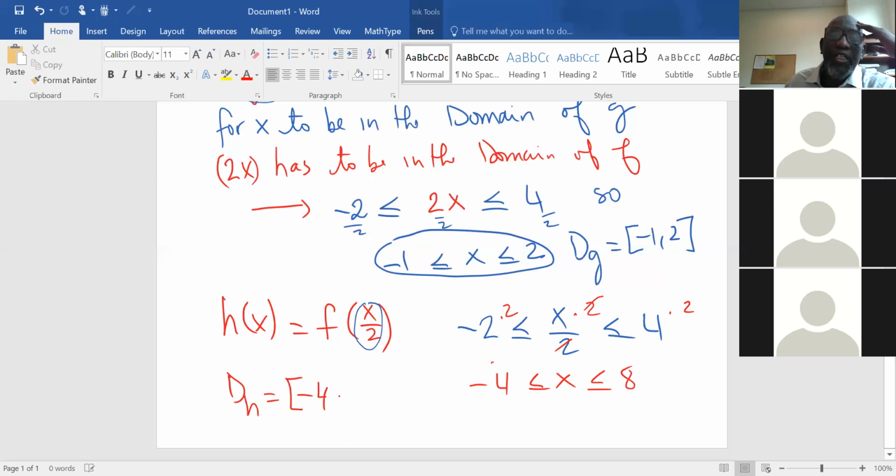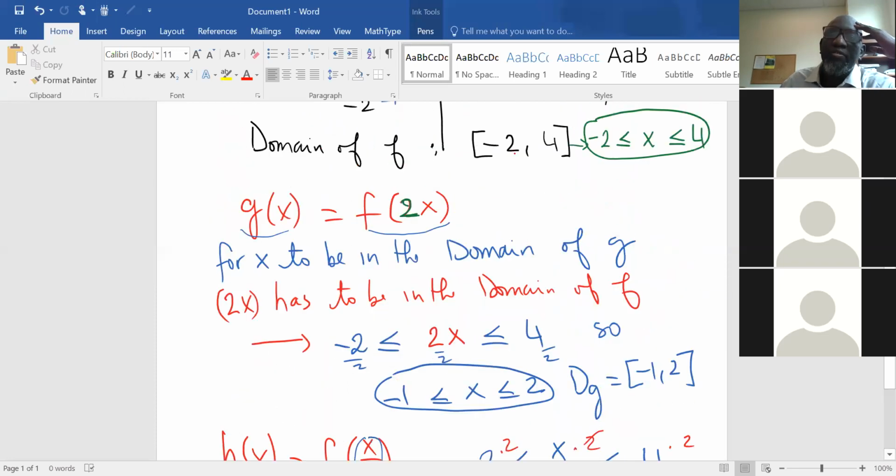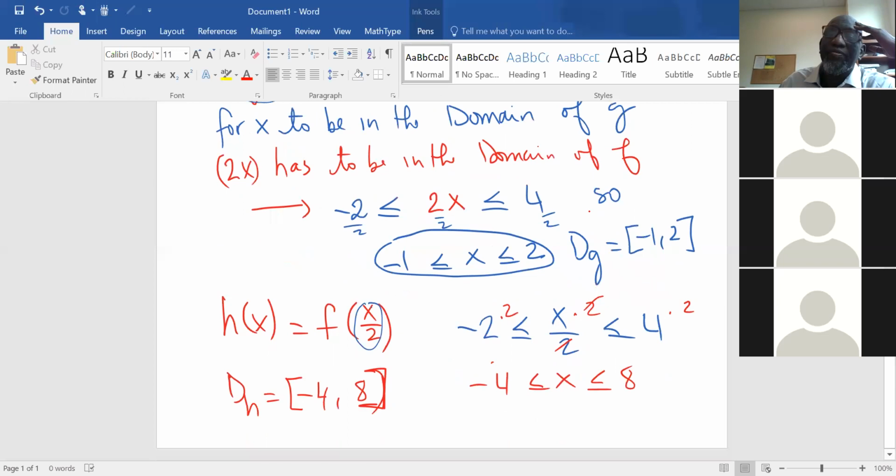It will be -4 to 8, as if we multiplied the original domain by 2. So this example shows us when we multiply the variable x inside by a big number, it shrinks the domain. When we divide, it stretches the domain, right?